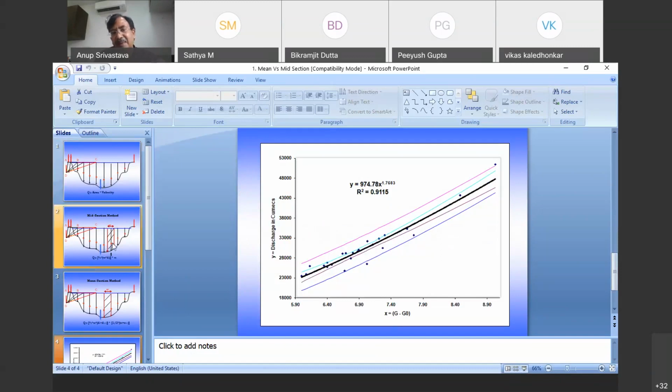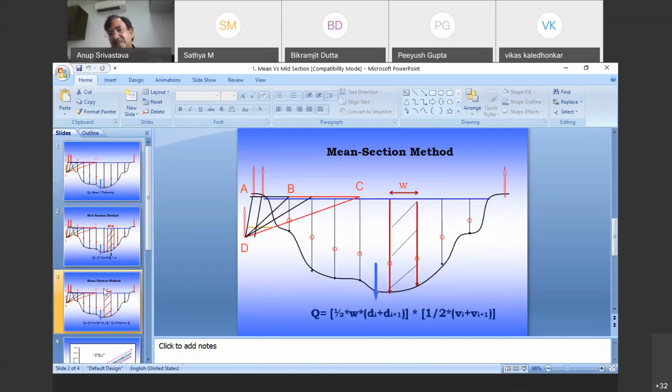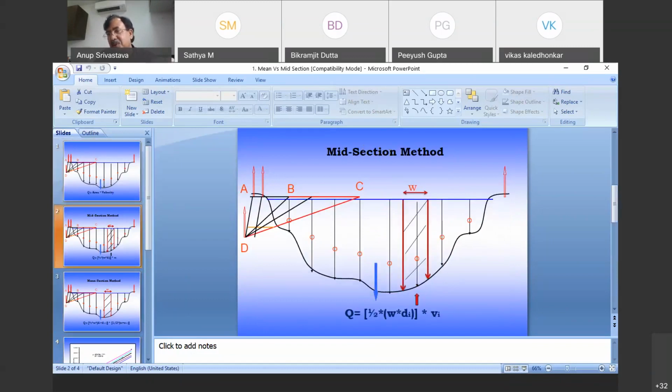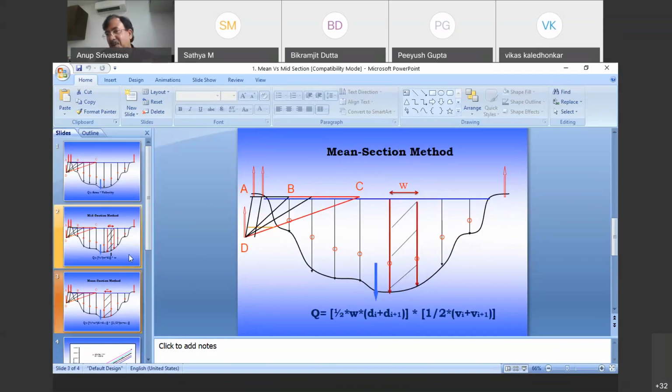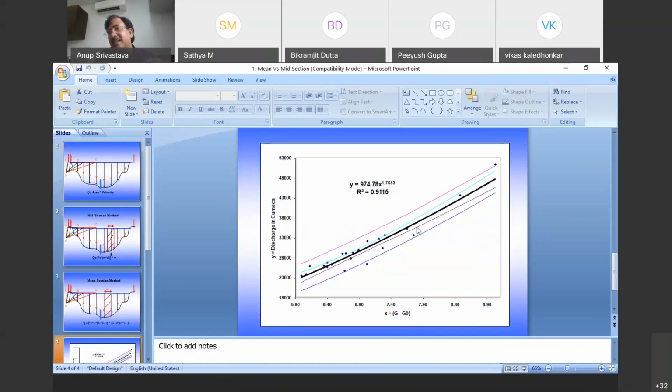So if there is any minor difference in your calculation, whether you use the mid section method or the mean section method, it is not going to influence your final discharge picking for any further hydrological analysis later on. It is not going to affect much.